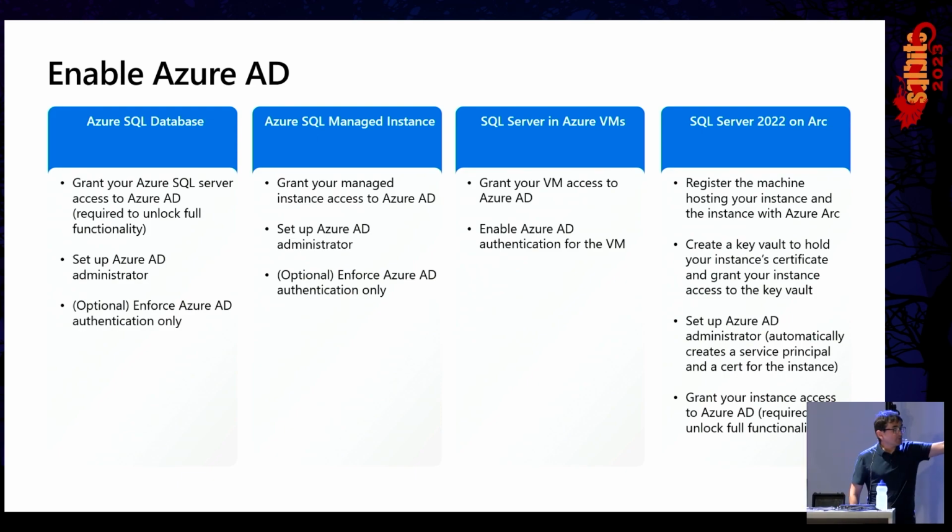And the three products on the left, they use managed identity, which are very easy to set up and use. And for SQL Server on Arc, for various reasons, we couldn't use managed identities for the SQL Server instance to communicate with Azure AD, which is the root cause behind this complexity that is exposed in this longer list and more complex steps.